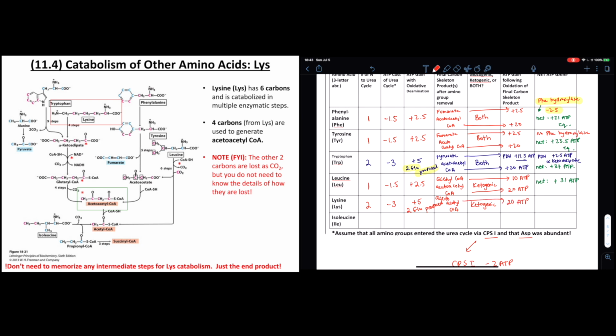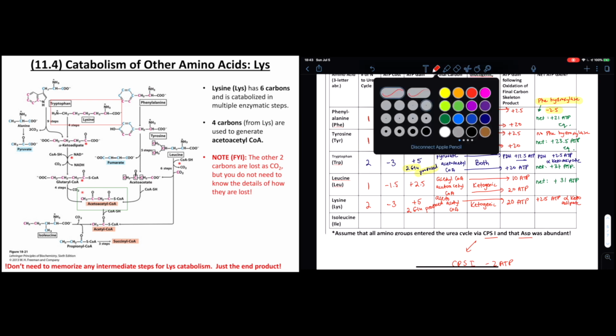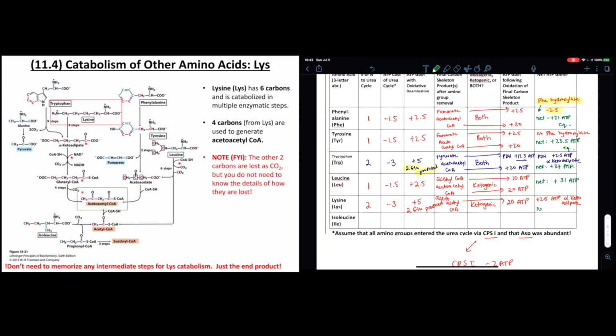And then net-wise, we have to take into account that we have +2.5 again from this alpha-ketoadipate. Okay, so net-wise, this means we're going to have 24.5 ATP. All right, so there's all the ATP that we get out of there.